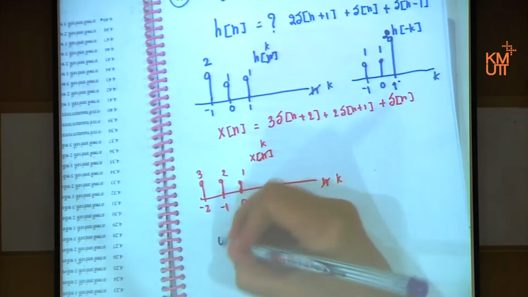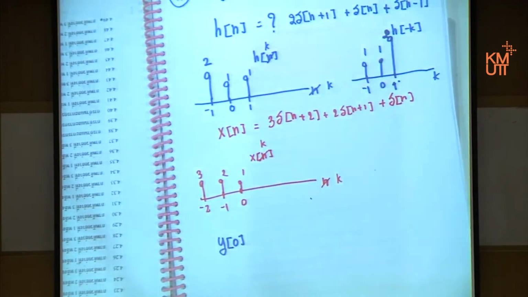Suppose that you want to find y[0]. It means that n is equal to 0.